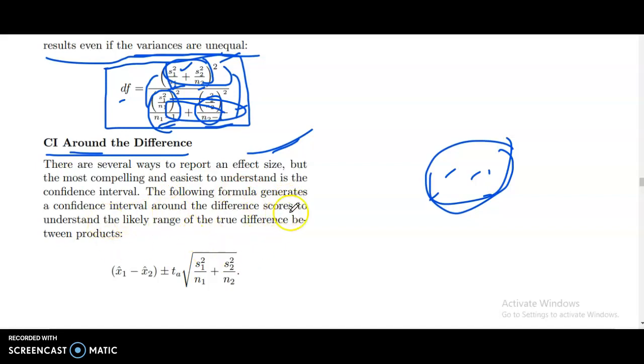The following formula generates a confidence interval around the difference scores to understand the likely range of the true difference between products.